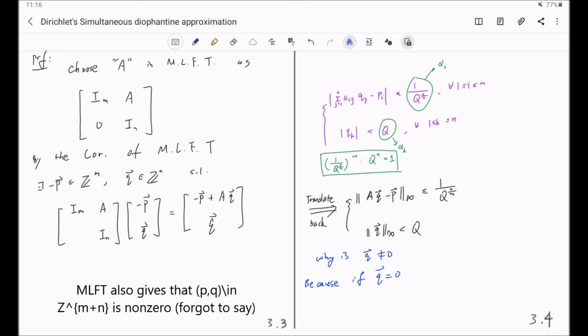And as a result, each component of p_i will be less than or equal to 1 over this guy. But however, this Q is greater than 1. Because Q is greater than 1, this is strictly less than 1 for each i. So this forces p_i to be equal to 0 for any i, because p_i is an integer.